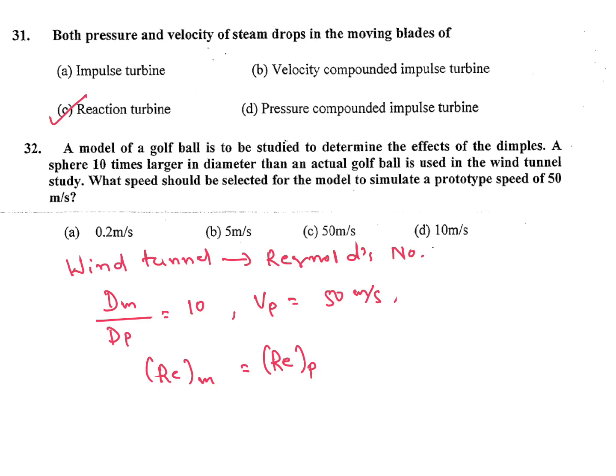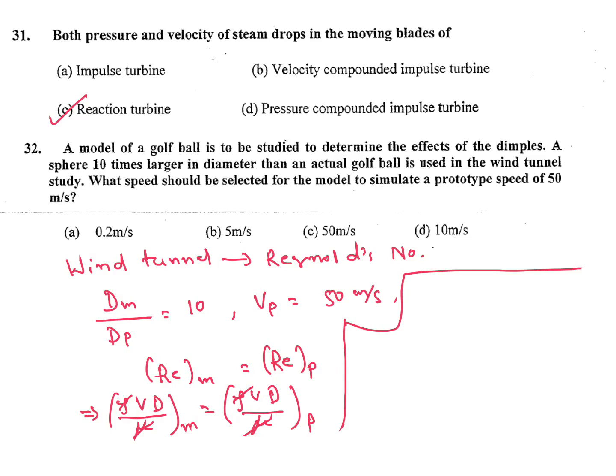Reynolds number we know: rho V d by mu of model equals rho V d by mu of prototype. Rho cancels, mu also cancels, then Vm dm equals Vp into dp. We have to calculate Vm.